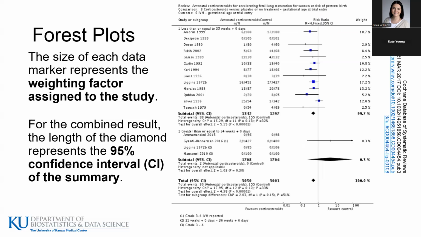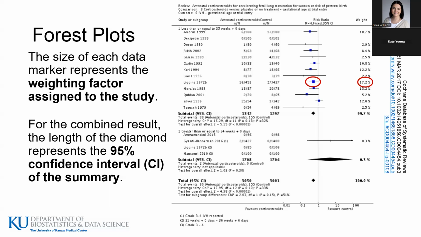So it's also important to note the size of the marker for each estimate. The bigger the box, the more that individual estimate is weighted in the final overall risk ratio estimate. So for example, this one, we have a risk ratio of 0.57.